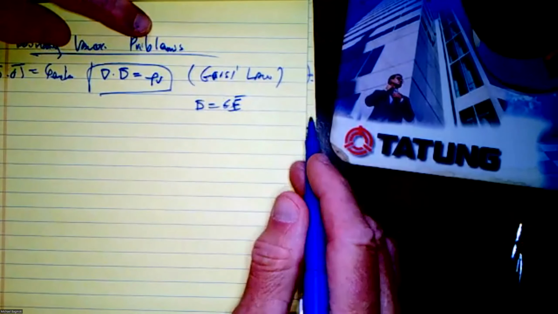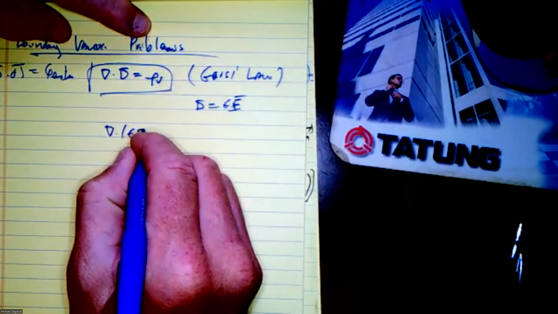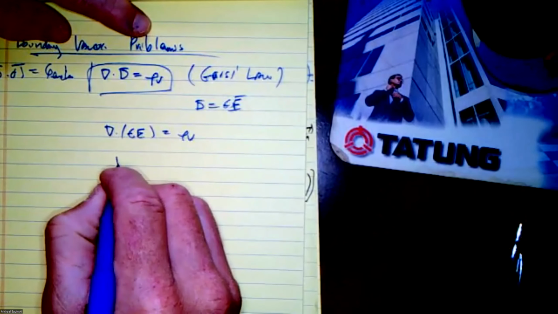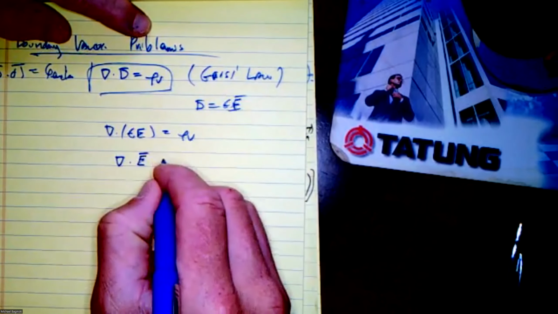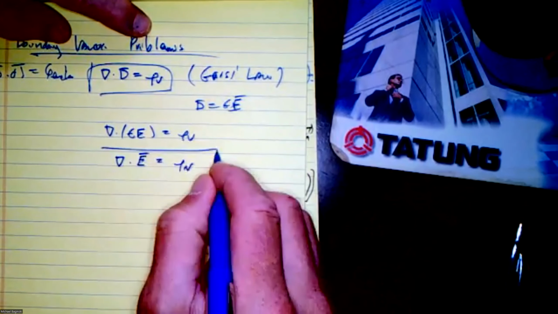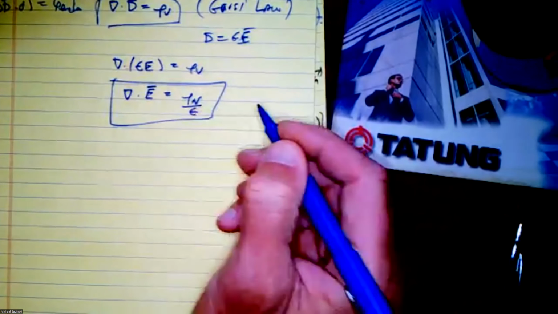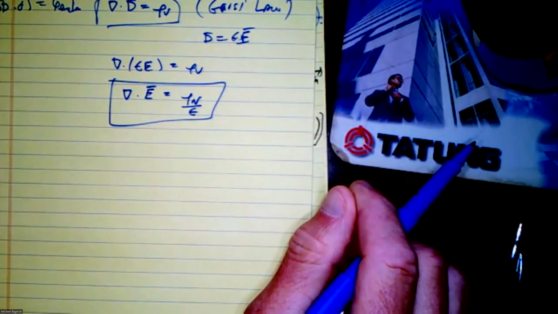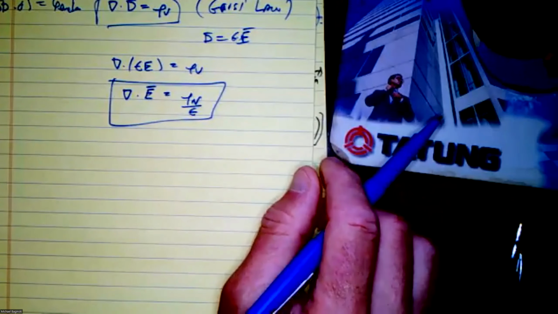So if that's the case, then divergence of epsilon E is equal to rho V, or I can say that, assuming epsilon's not a function of position, I can say divergence of E is equal to rho V divided by epsilon. Follow me? We're assuming epsilon's a constant. You okay with that, everyone? Yep. All right.